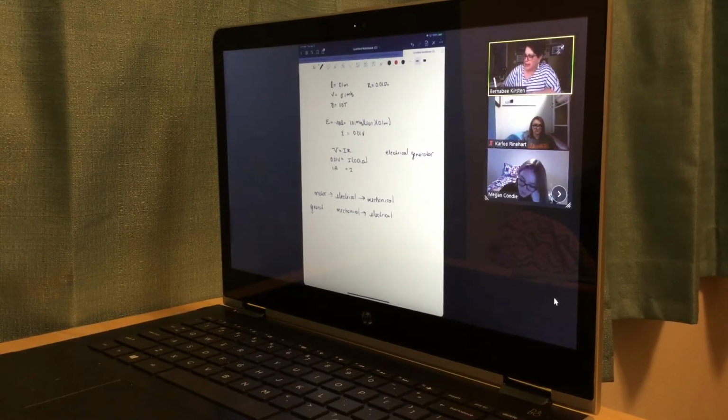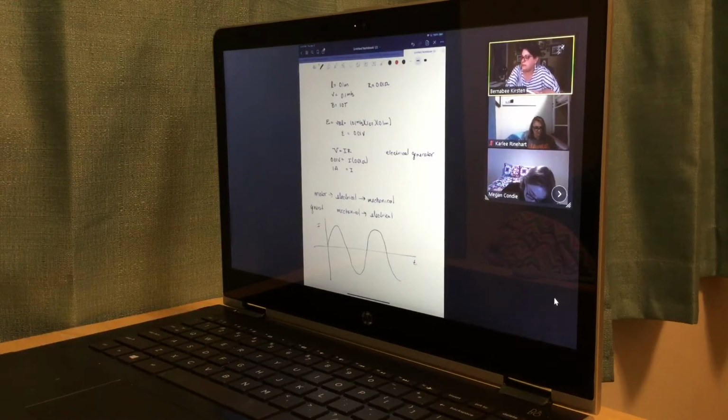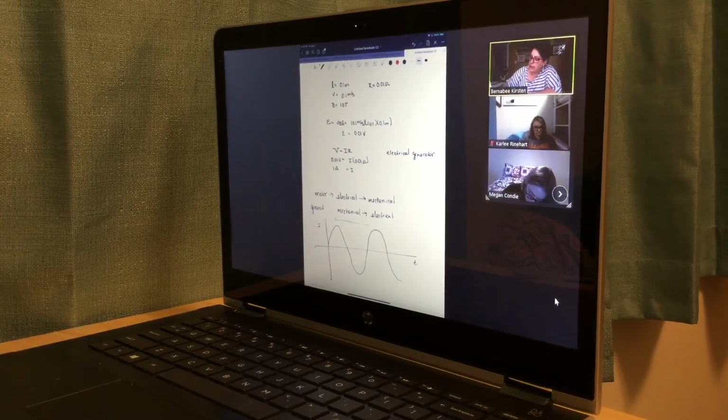So what this would look like, if we plotted it, is 0 current to a maximum, back to 0, to a maximum the other way, through 0, and so on. Okay, alternating current. Now the time between these peaks is going to depend upon how quickly that rate of rotation is.